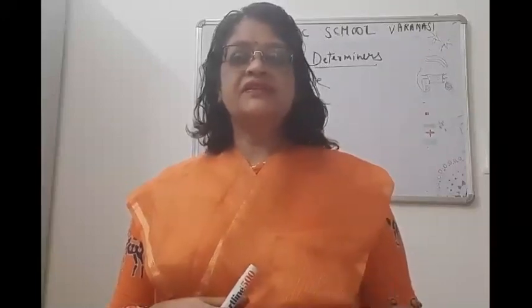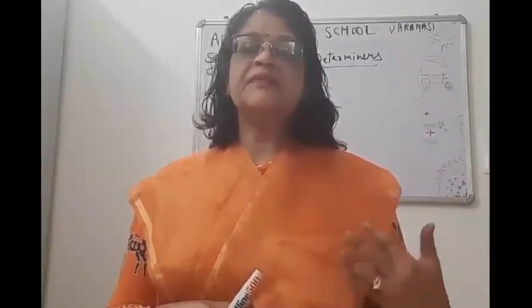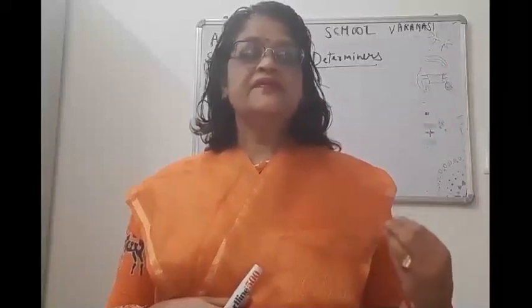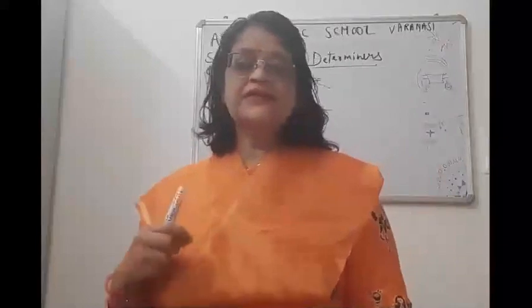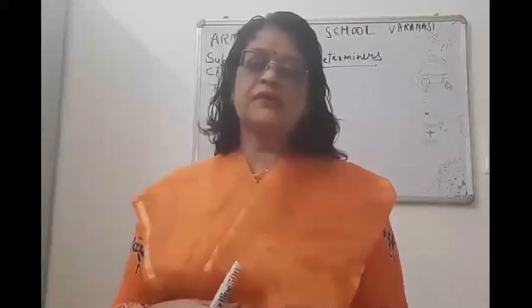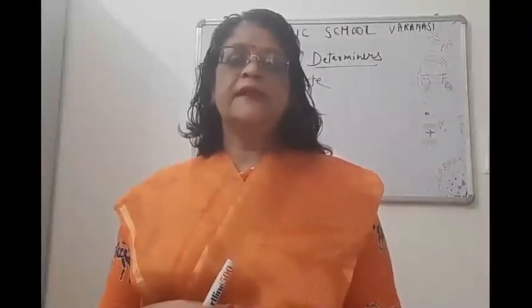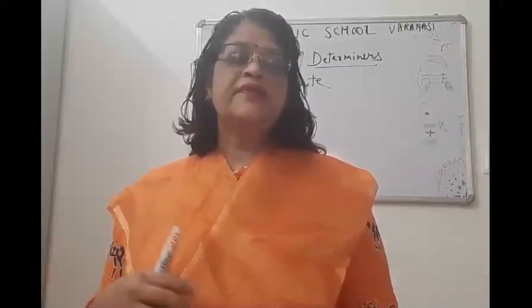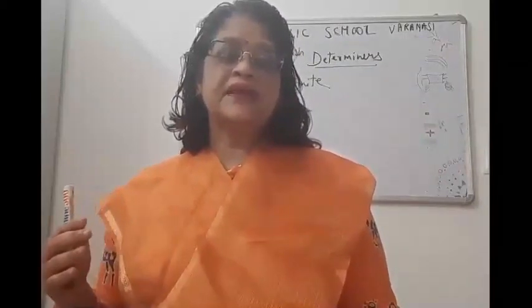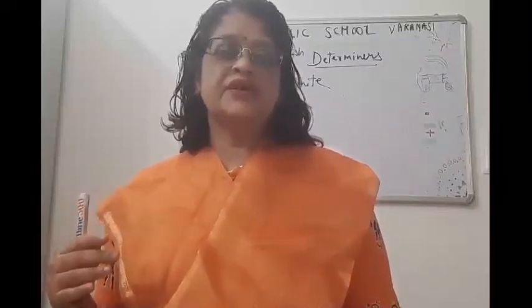Children, when any noun comes for the first time, we will use a with it, but when that noun is repeated in the sentence, then we will use the. Like, a new boy came to our school. The boy is intelligent. The boy is good looking.